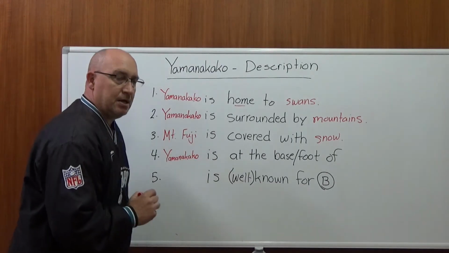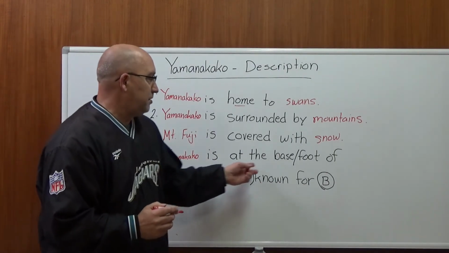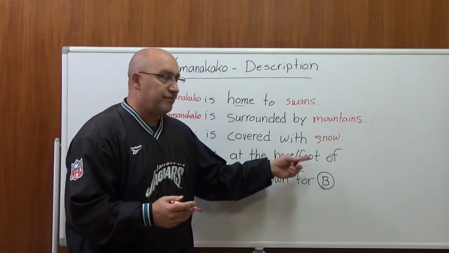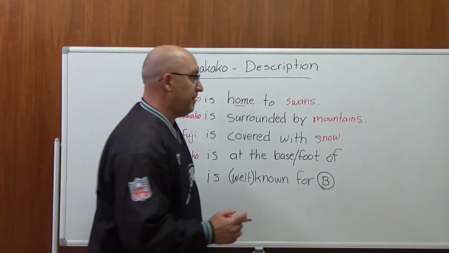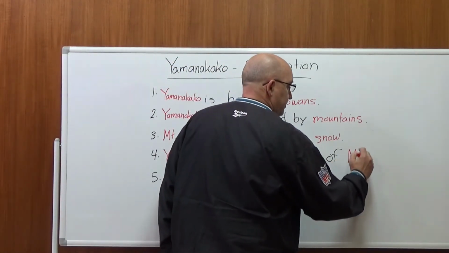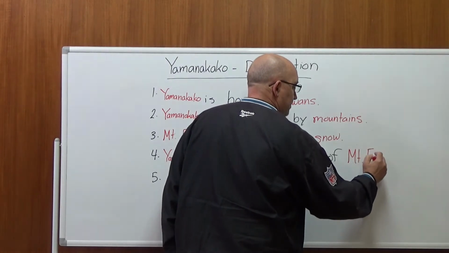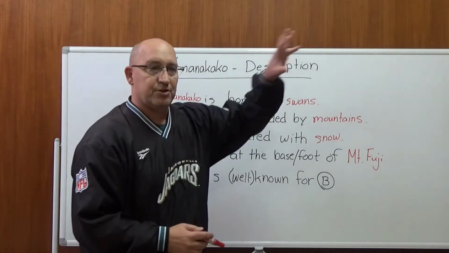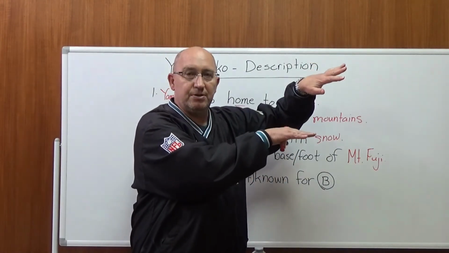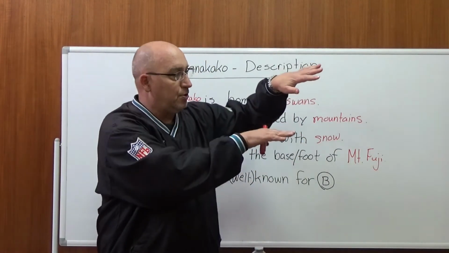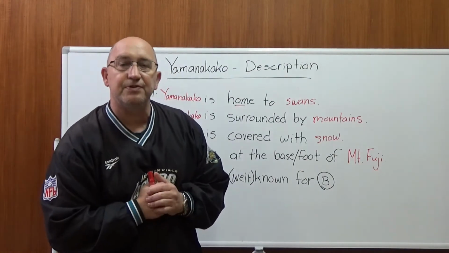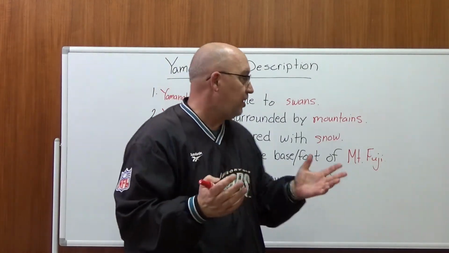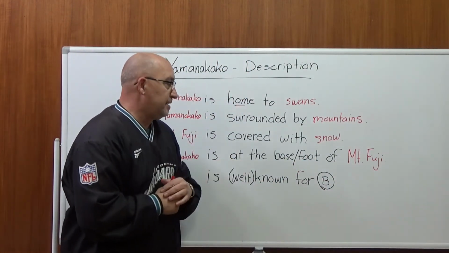Of course, Yamanakako is at the base of, or foot of, sure, Mount Fuji. So of course we have Mount Fuji, and Yamanakako is at the base of, or the foot of, Mount Fuji. Idea number 4.